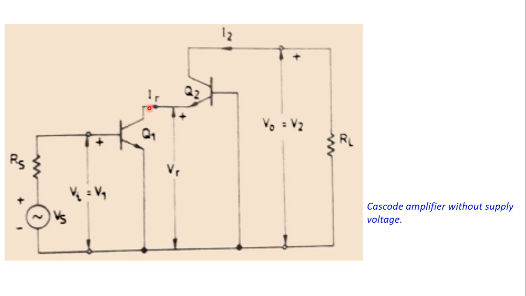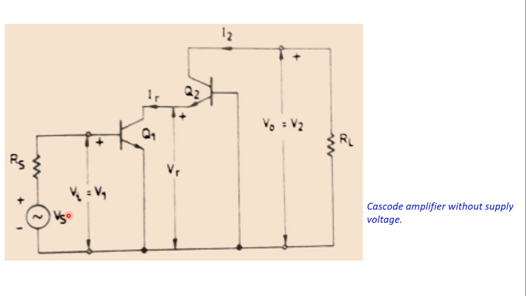So the output of Q1 is connected to the input of Q2, and the output of Q2, that is this collector terminal, is brought here, and a load resistance is connected here. The output voltage is measured across this load resistance. This is our V0 or V2. And the voltage across the base terminal and ground is Vi or V1.